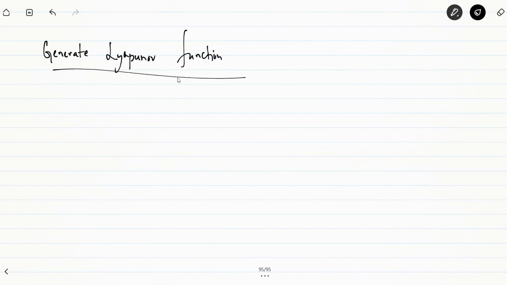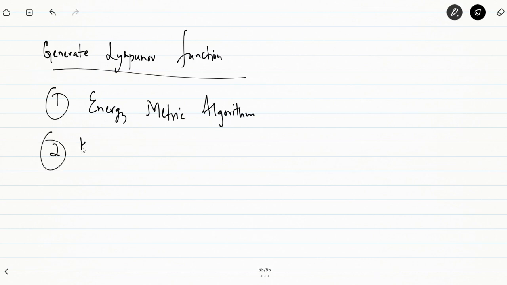Now the thing is, how to generate the Lyapunov function or the energy function. There can be different methods of generating the Lyapunov function. One will be simply using the energy metric algorithm. You can have the Krasovsky's method.